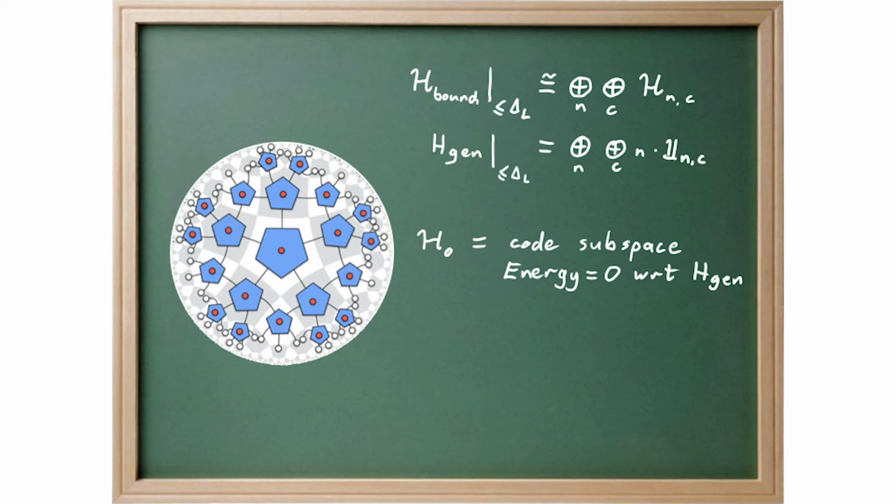I'm going to draw the pictures in 2D because it's easier. In reality, we only know how to make everything I'm saying work in 3D or higher, but I'm going to draw 2D pictures. So my boundary Hamiltonian, this is the physical space of a quantum error correcting code. This has the code subspace, which with respect to our Hamiltonian is the ground state subspace of this Hamiltonian. But there's also a whole load of other Hilbert space, which is outside of the code subspace.